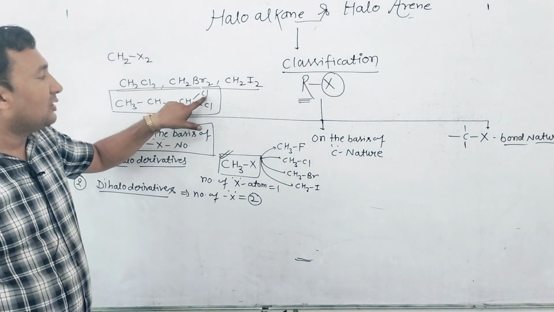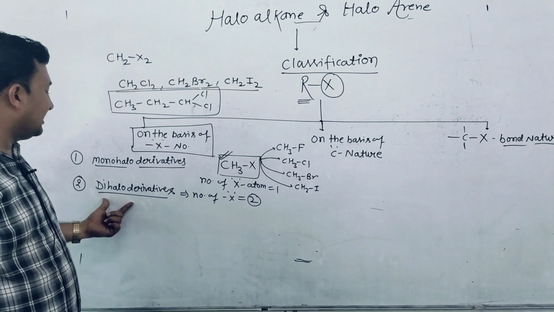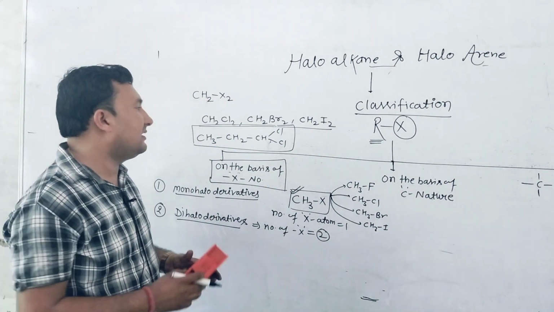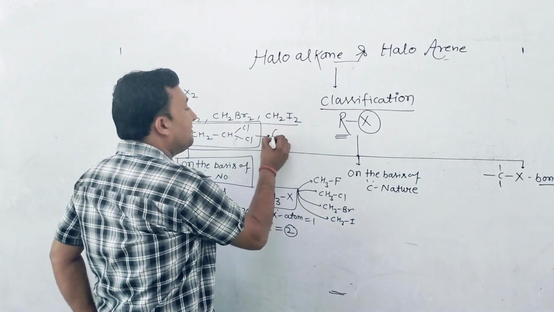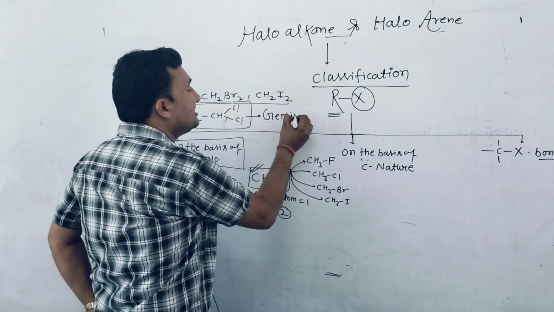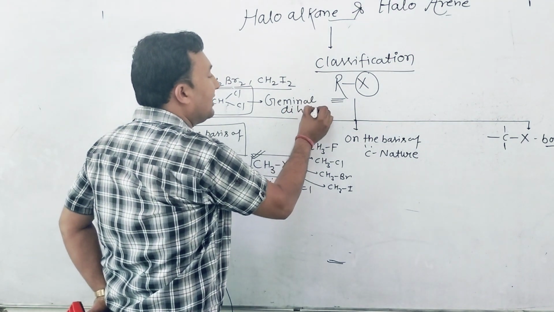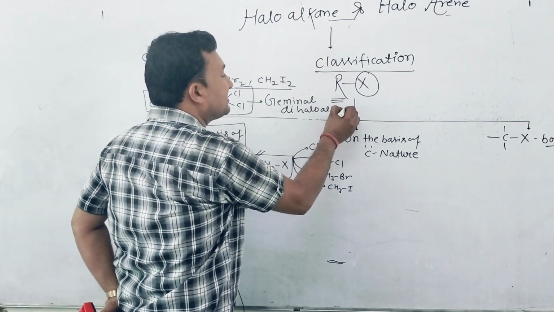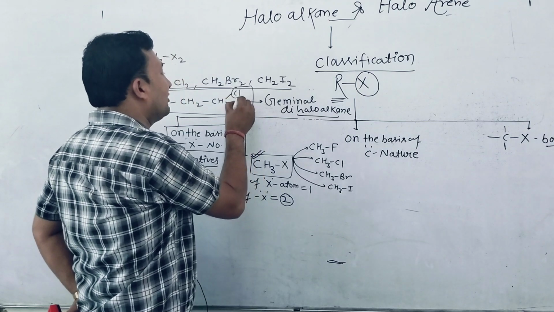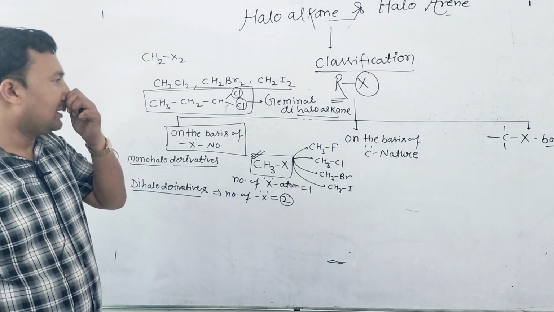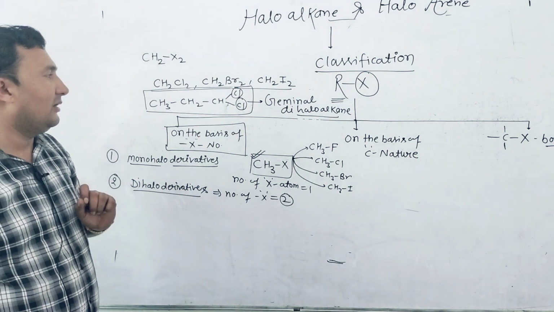Whenever both the halogens are present on the same carbon, we call that geminal, or gem, dihaloalkane.